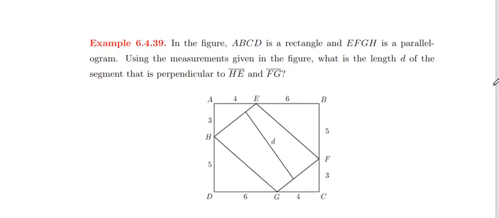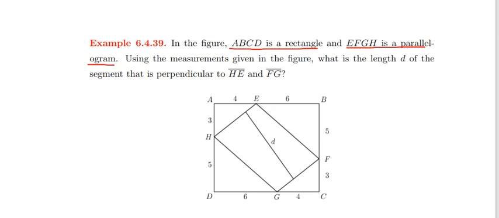Okay, so now let's consider the next problem. ABCD is a rectangle, and EFGH is a parallelogram. Okay, so this is 4, 6, 5, 3, 4, 6, 5, 3.